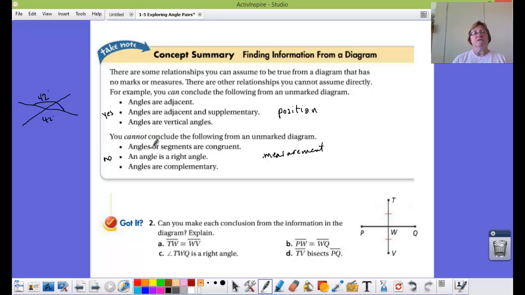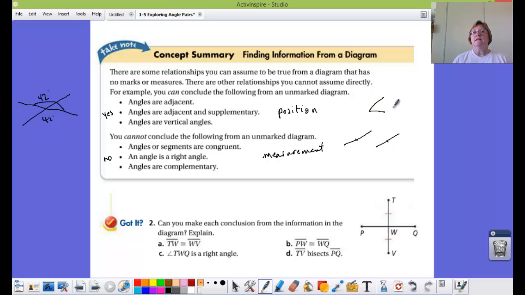You can't assume that two angles are congruent or two segments are congruent unless, okay, there's only one exception, unless they are vertical angles or unless they're marked. If we want to say that two segments are congruent, we mark with a hash mark. The only way I can say that those are congruent is if I see that mark.